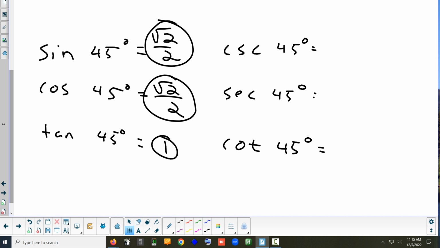What's the cotangent going to be? 1. Remember, you take your tangent and you flip it, and that gives you your cotangent. And I just did that one because that one's the easiest one. Now, let's do the cosecant. What's the first step to get the cosecant?